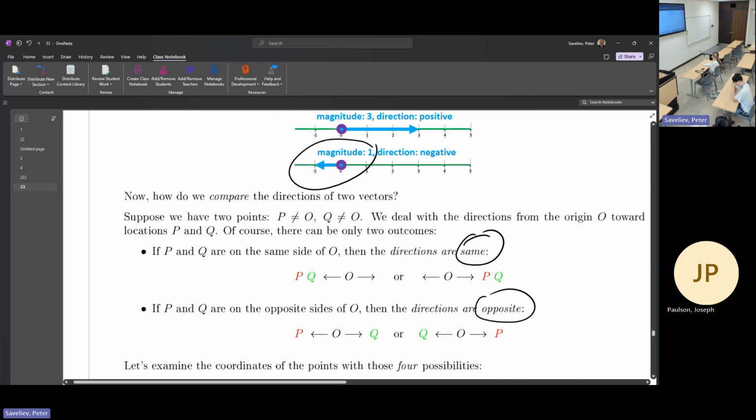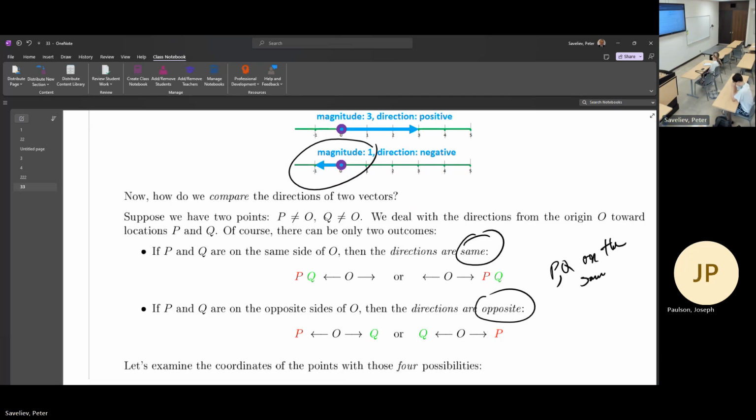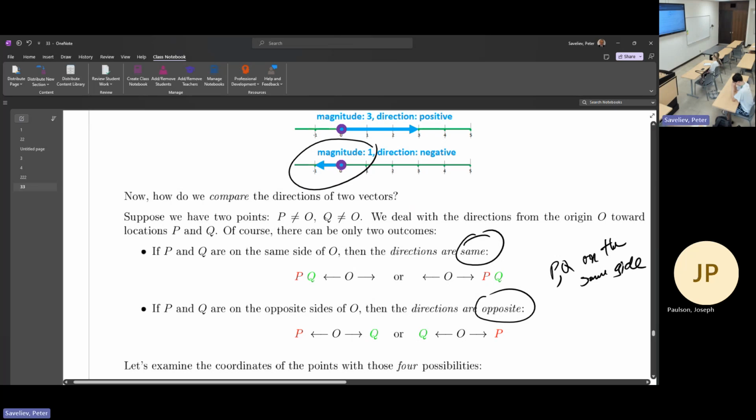Okay, so that's an observation worth noting, right? Here P and Q are on the same side, and here P and Q are on opposite sides of the origin.